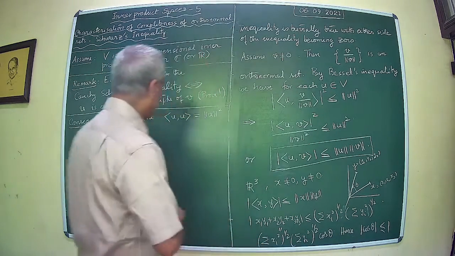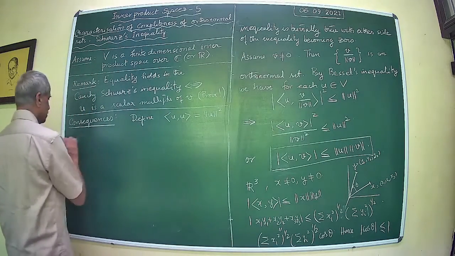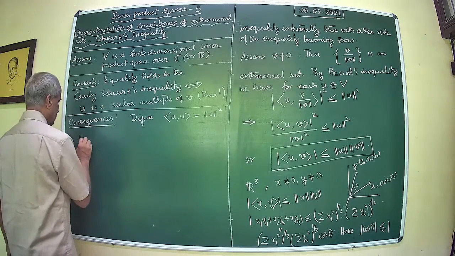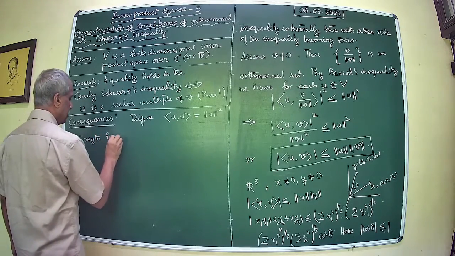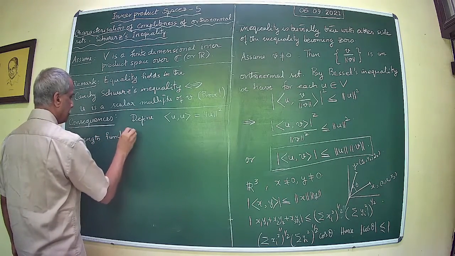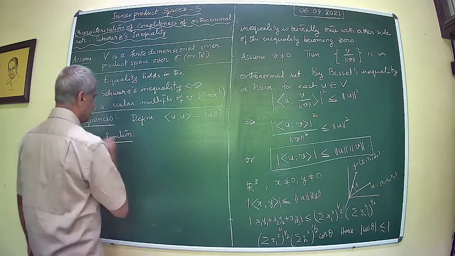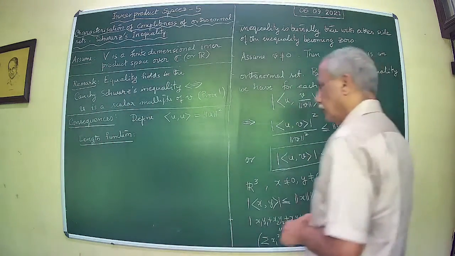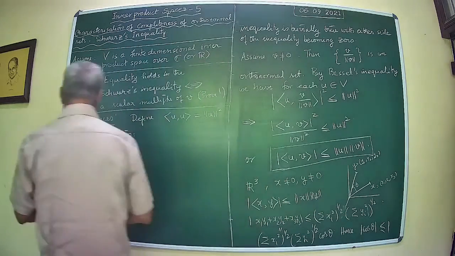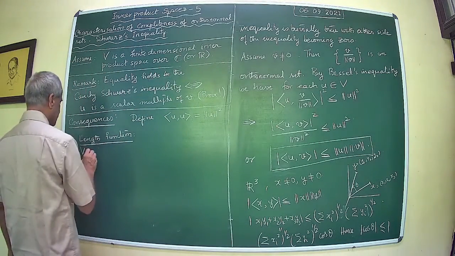So what are the properties of a length function, what you call norm? Let V be a vector space.